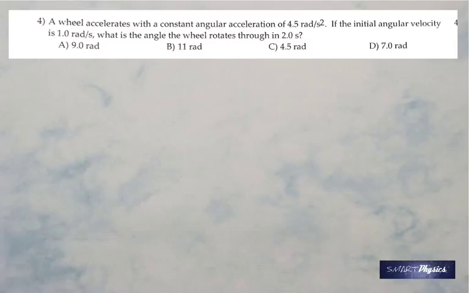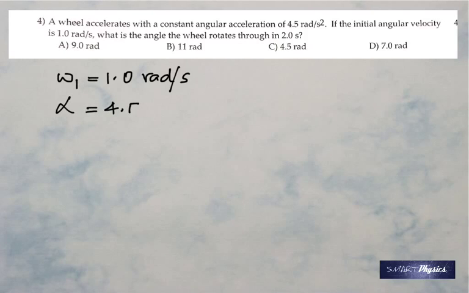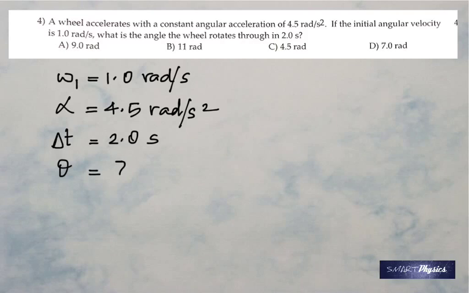In 2 seconds, and this is like using the kinematic equations in linear motion. Omega naught, the initial angular speed, is 1 radian per second, alpha is 4.5 radian per second squared, time is 2 seconds, and you have to find theta. What's the relation between these? Theta is omega naught t plus 1/2 alpha t squared.